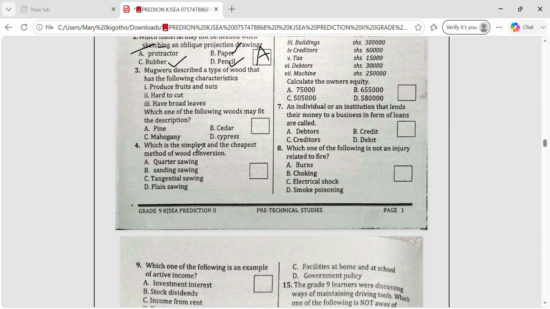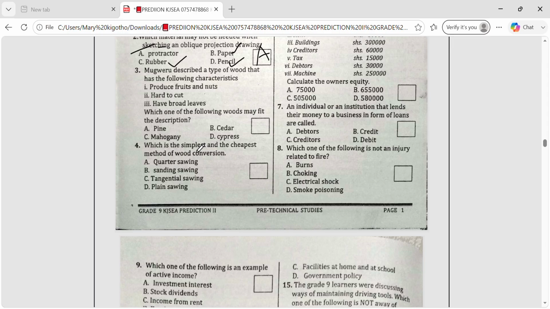Which of the following wood may fit the description? This is grade 9 work, the part for wood. You can pause the video and choose the correct answer.